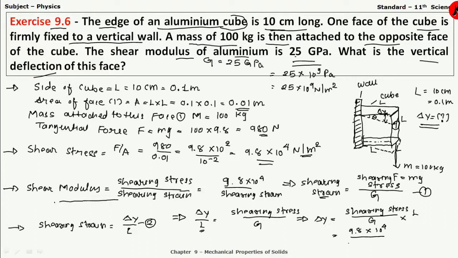So 25 into 10 raised to 9 into the length, which is given as 0.1 meter. So finally, after solving, you will get delta y as 4 into 10 raised to minus 7 meter. So this is our final answer, delta y, right? This is a very simple example. Based on the definition of shear modulus, we can easily find delta y, the vertical deflection.